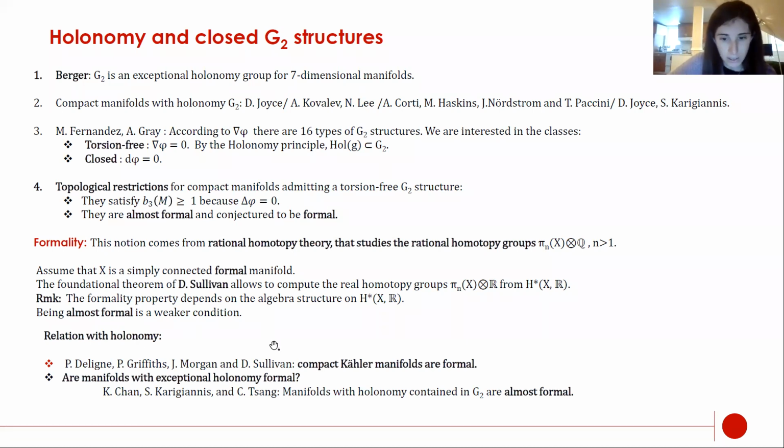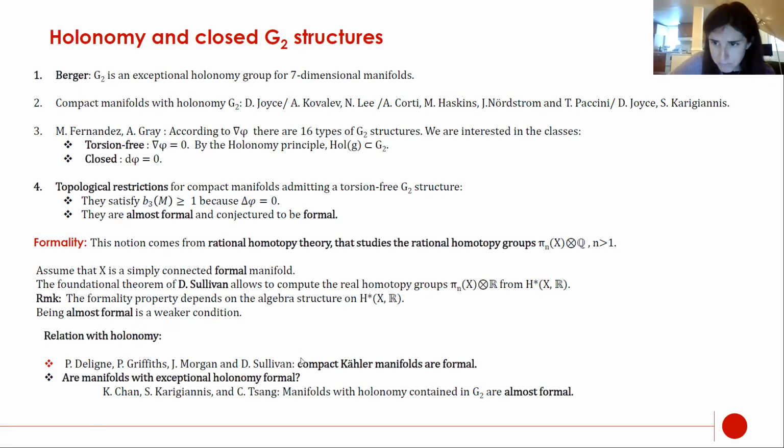The first result in this line was the result of Deligne, Griffiths, Morgan, and Sullivan that proved that compact Kähler manifolds are formal, and there is a kind of big open question, and it is to determine if manifolds with exceptional holonomy are formal. Up to now, all the known examples are formal.